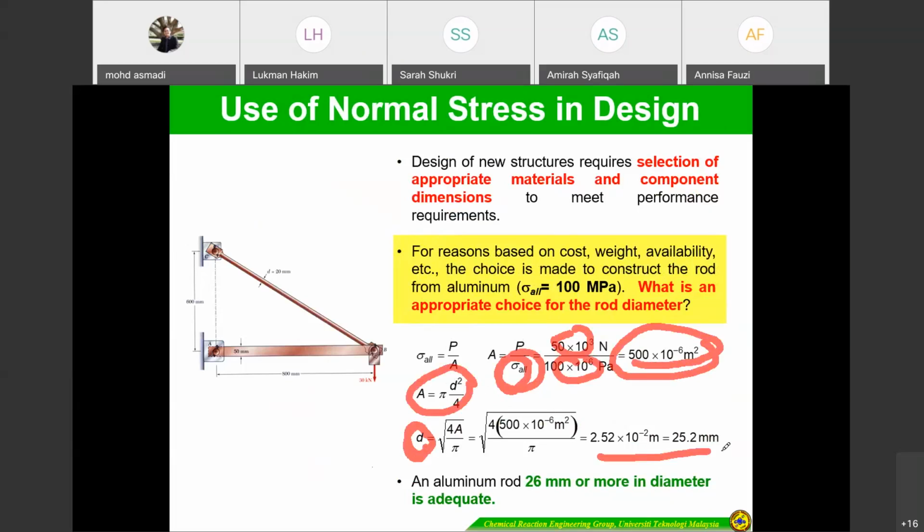So this is the minimum diameter. Just back calculation. The previous one we wanted to determine the normal stress, but this one we want to determine the minimum diameter, because we want to replace the materials for the rod. So please remember the area of the rod, pi d squared divided by 4.